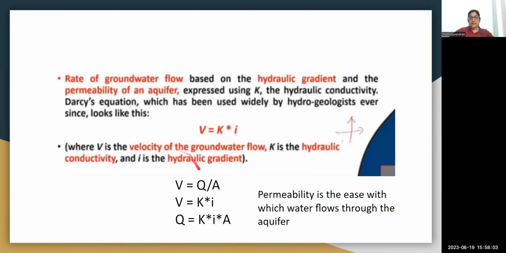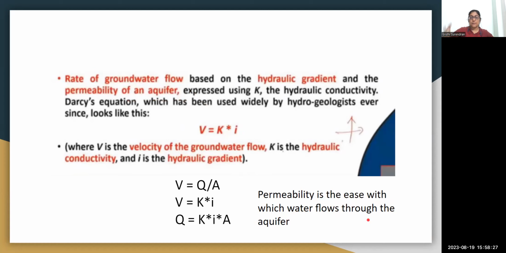Darcy gave this equation called Darcy's equation, which relates the velocity of the groundwater flow as a product of the hydraulic conductivity and hydraulic gradient. Hydraulic conductivity is the way in which permeability of an aquifer is expressed. Permeability is the ease with which water can flow through the aquifer.